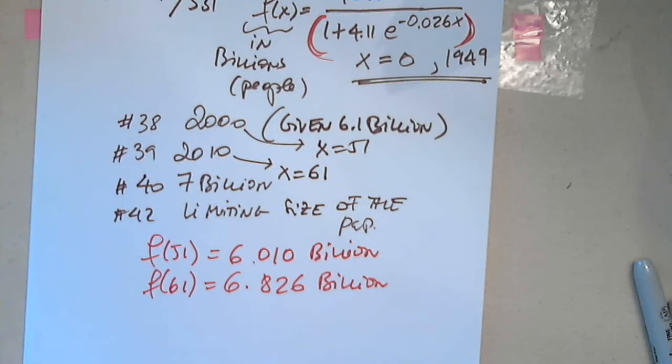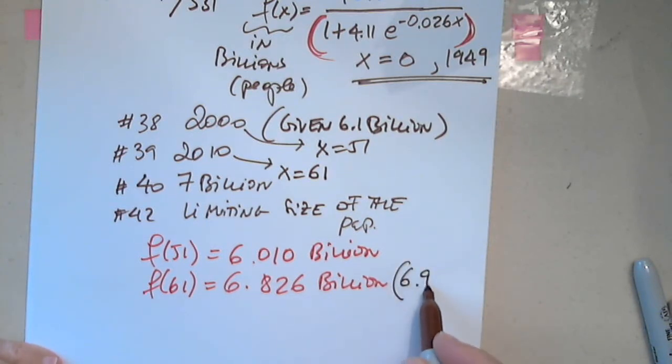So 6.1 and 6.0, they're not that far apart. I wouldn't say the model is, yeah, it's not the same. We're talking about 90 million people.